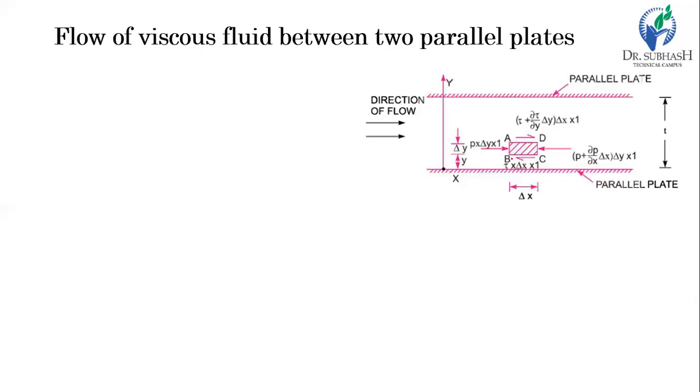Consider the length of this elemental area as delta x, which is denoted here. And the distance of this elemental area from the bottom plate is y, which we measure with reference to the bottom plate in this direction.